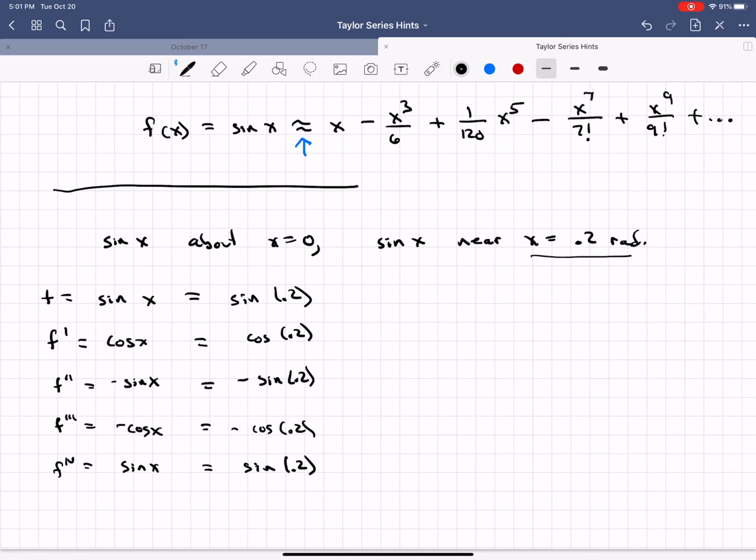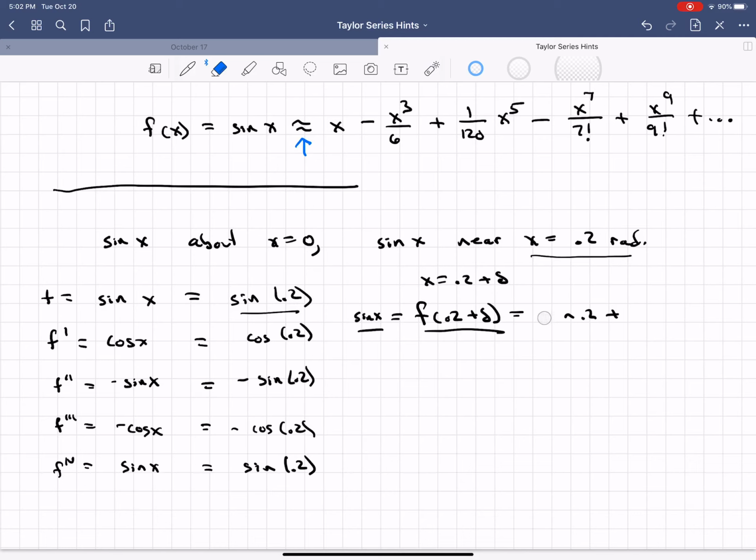So if I'm thinking about this as f of 0.2 plus delta, where now x is 0.2 plus delta, say. So I'm thinking the sine of x is f of 0.2 plus delta. So I'm going to have the function, which in this case is the sine of 0.2. Well, let me write down the general formula again.